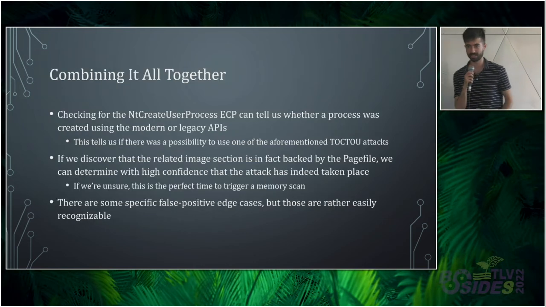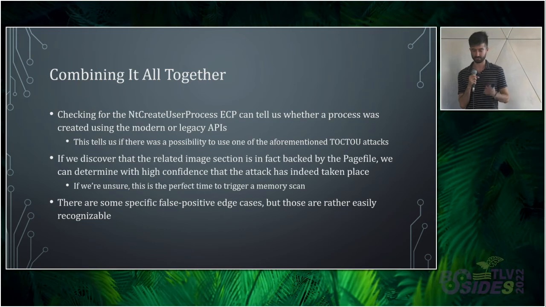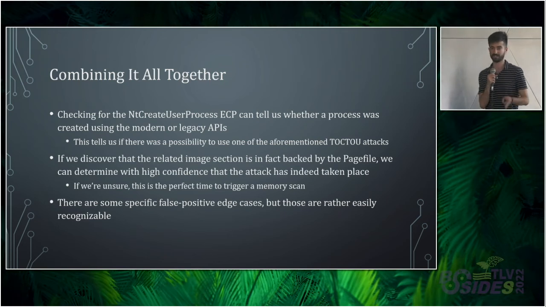Right, so now we have two primitives for detection. The first is how we detect this legacy API usage. As we've said, if there's no NtCreateUserProcess ECP, this means we are, in almost every case, except for a couple of very scopable edge cases, using the legacy API.